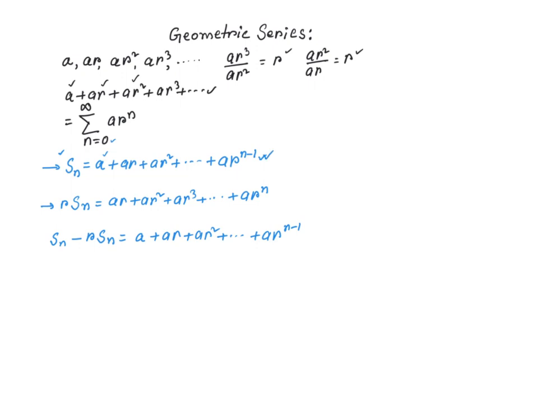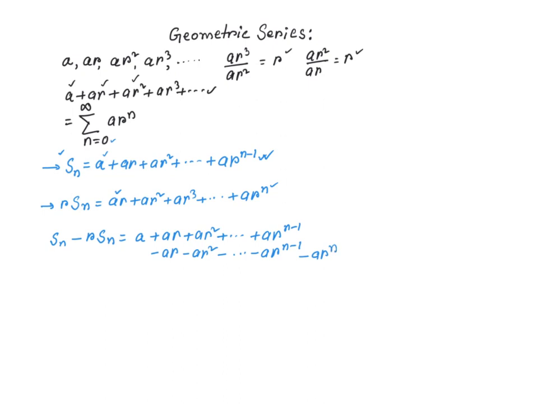Now from this, I'm going to subtract the second one. Let me align this so that you can see it better. So it's going to be minus ar, minus ar squared, minus dot dot dot, minus ar to the power n minus 1, that's the second to last term, and the last term is going to be minus ar to the power n.